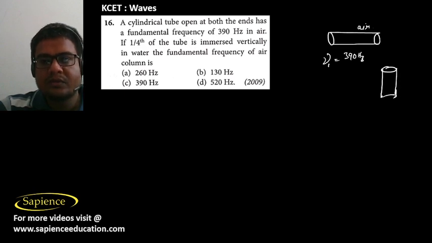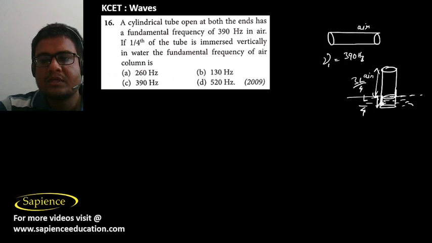So it means that 1/4 of the tube is immersed vertically in water. So this part is under water. Suppose this 1/4 part, L by 4, is underwater, and the remaining part, 3L by 4, is in air.